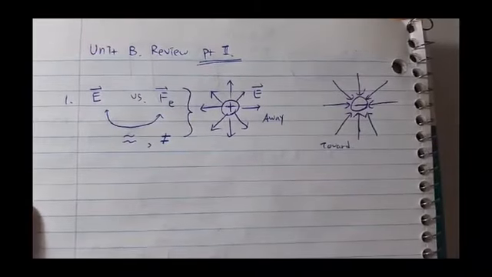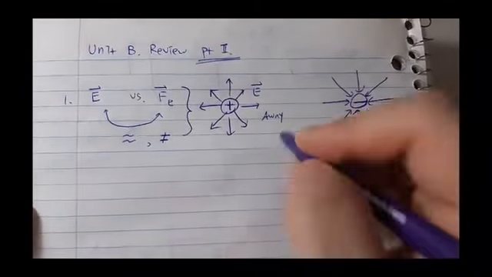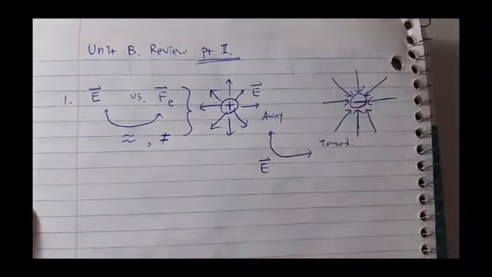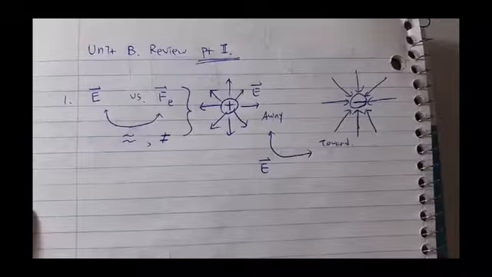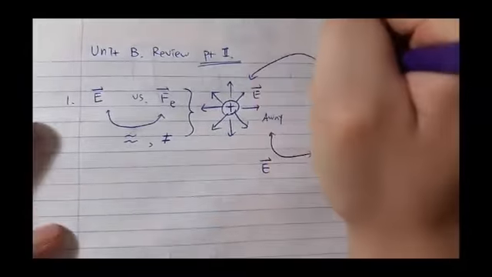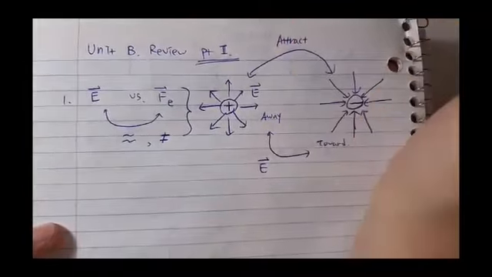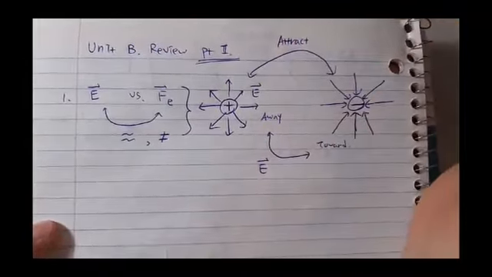Now, what does that mean? That means electric field is carved in stone for its vector. But when it comes to force, even the verb is different. We attract unlike charges together.